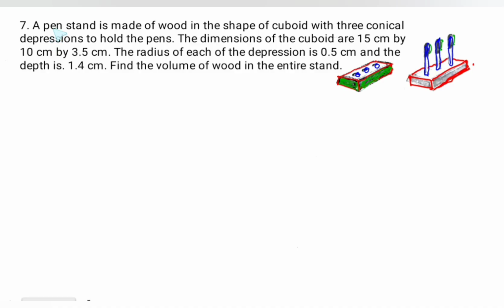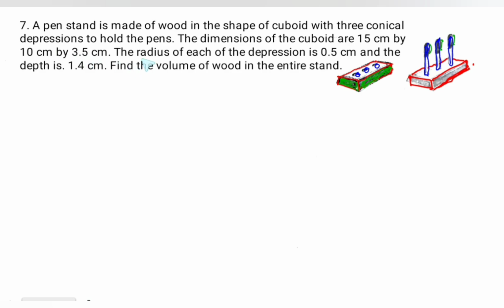A pen stand is made of wood in the shape of a cuboid with three conical depressions to hold the pens. The dimensions of the cuboid are 15 centimeters by 10 centimeters by 3.5 centimeters.